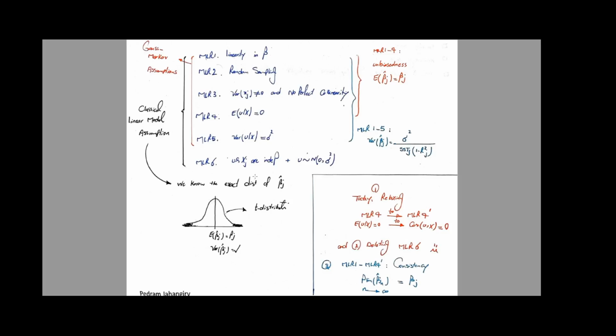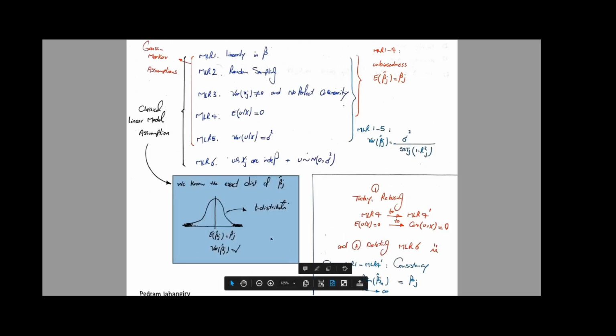And because this sigma is unknown, the distribution is not going to be normal. It's going to be a t distribution. So now I have everything. Having the first 6 assumptions, the classical linear model assumptions, this is the shape of the distribution: t distribution for my beta hat j. On average, we are hitting the target, so I have unbiasedness, and at the same time, I have a closed form solution for the variance of beta hat j.